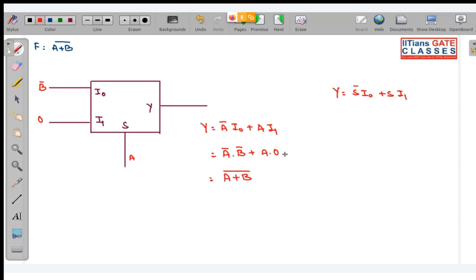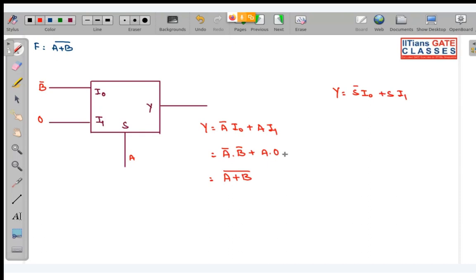But tell me one thing: if I want to implement the NOR operation using 2 cross 1 mux, listen very carefully, how many 2 cross 1 mux will I require to implement this function? How is it 1?